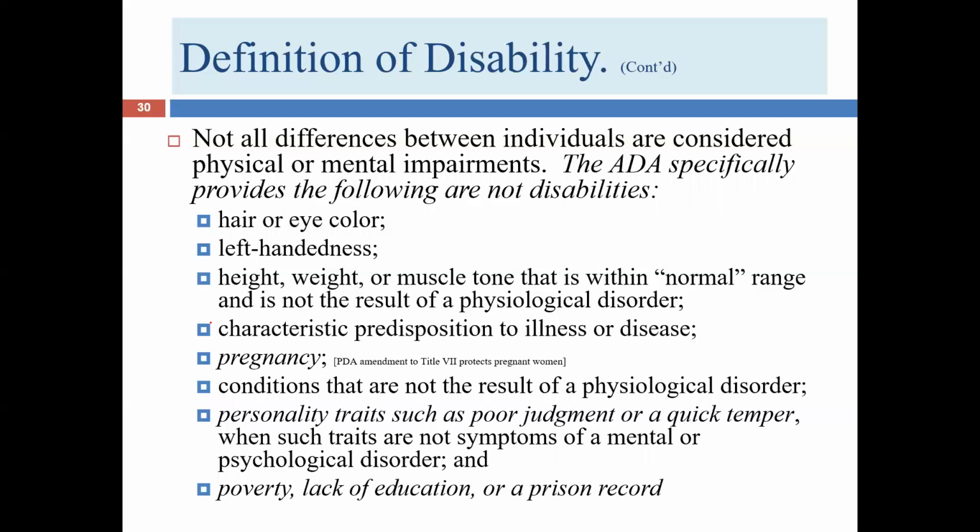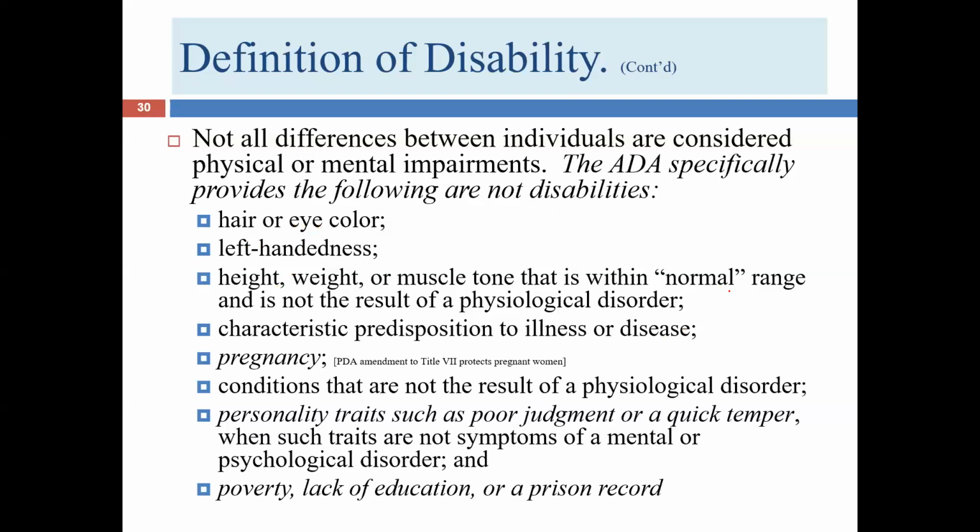So let's consider some other differences that people have. One can be hair color and eye color, not disabilities. Obviously, problems with eye color, I mean not eye color, but with vision can be a problem. Left-handedness is not a disability. Unusual height, that is tall or short, is not considered a disability. Again, within normal ranges.